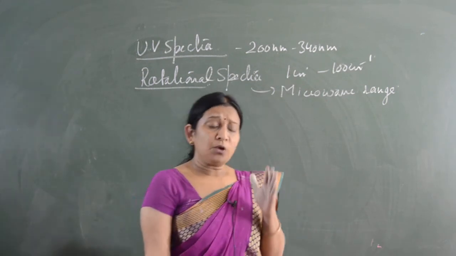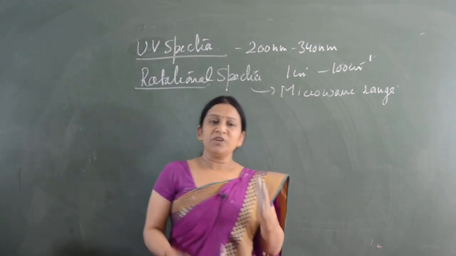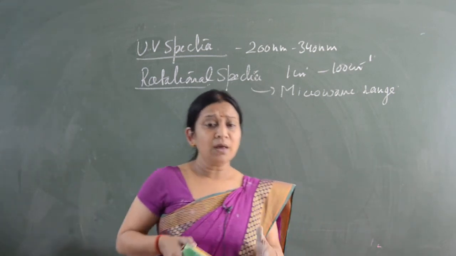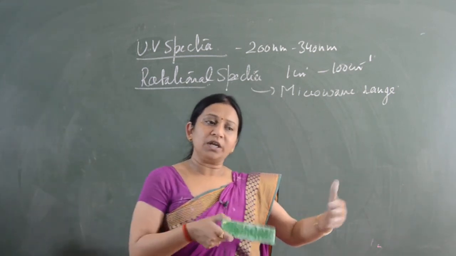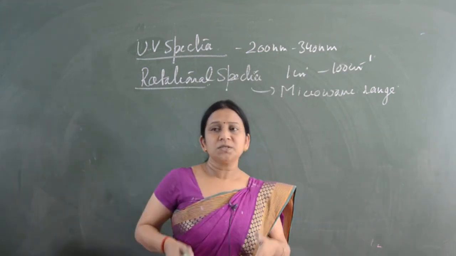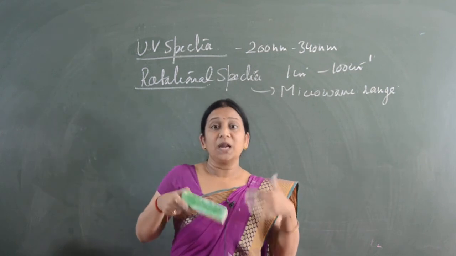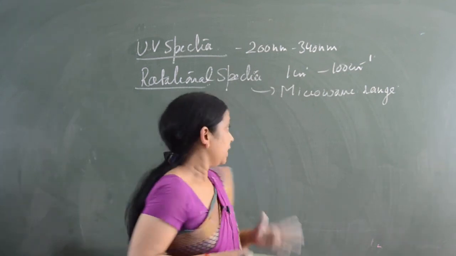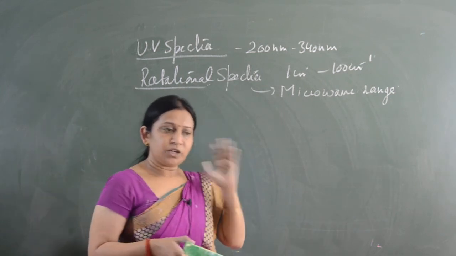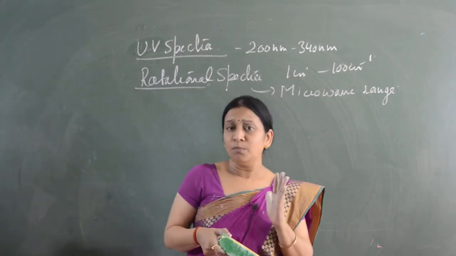And in microwave or rotational spectra, we restrict our study to diatomic molecules. Why? Because if we go for higher molecules like tri or tetra, then the derivations and the expressions become very tedious. We cannot calculate it. It becomes a chaos there. So we restrict our study in rotational spectra to diatomic molecules.